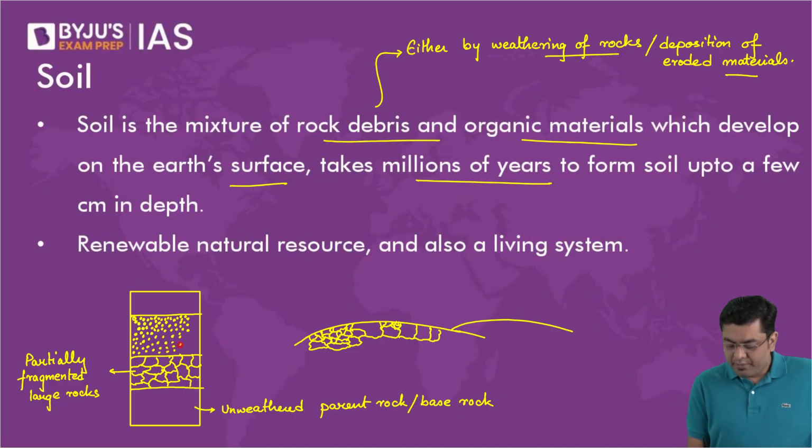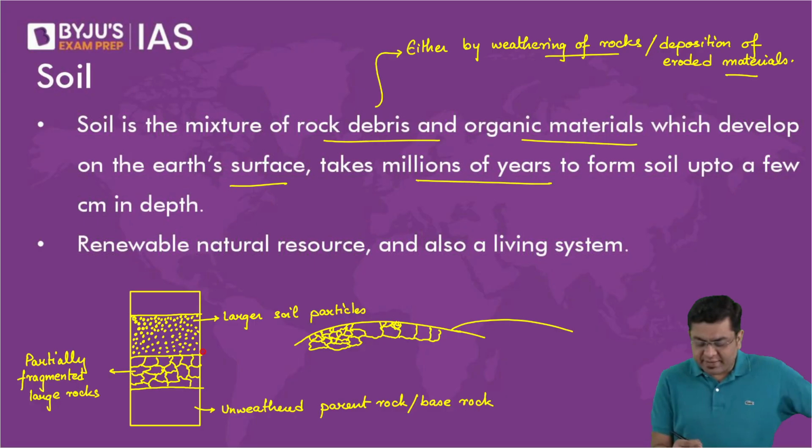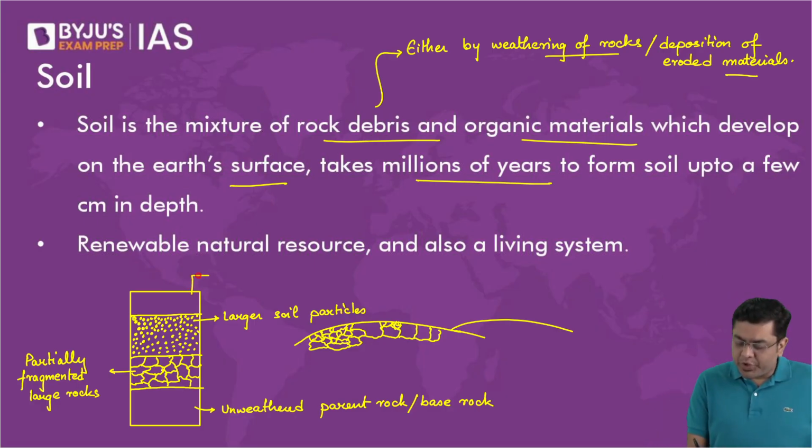So you will have larger particles of fragments, soil particles, which is also the subsoil as it is referred to. And this is your finest portion or the smallest particle. That is what we consider as the topsoil. It consists of various minerals plus organic materials or humus.